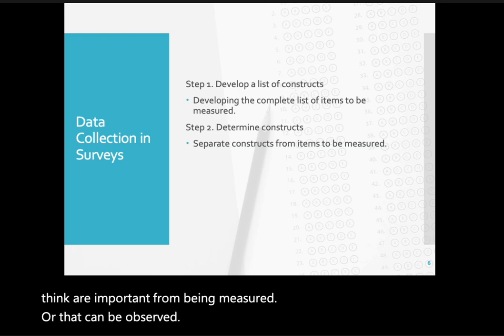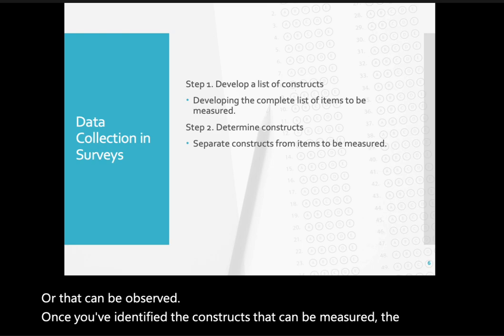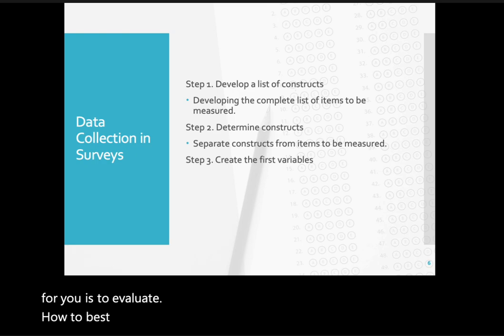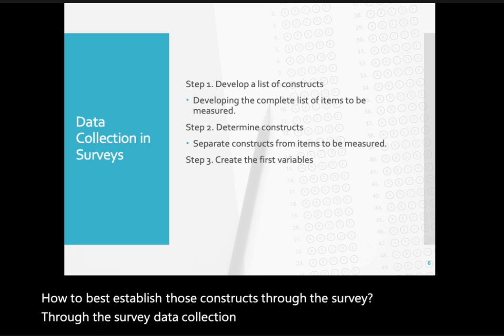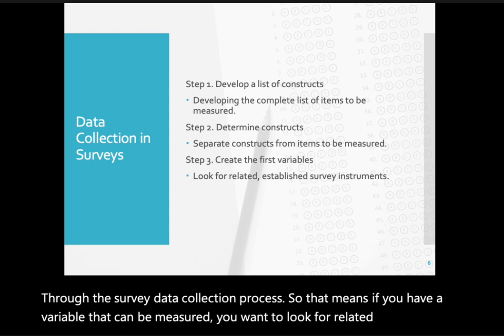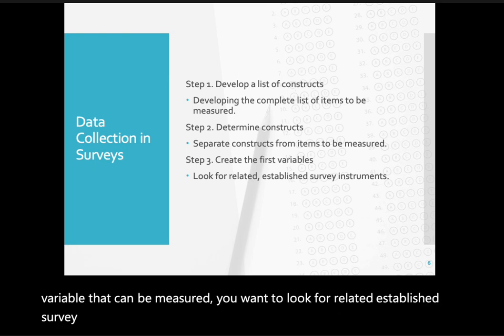Once you've identified the constructs that can be measured, the next step is to evaluate how to best establish those constructs through the survey data collection process. So that means if you have a variable that can be measured, you want to look for related established survey questionnaires that can be used to measure that variable of interest.